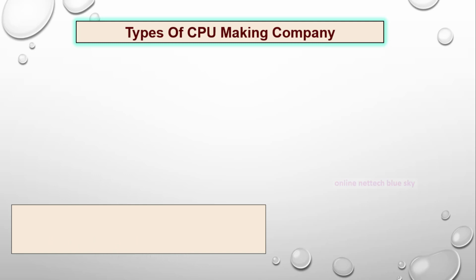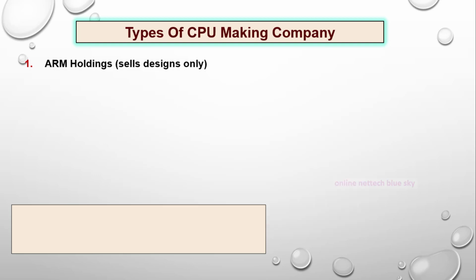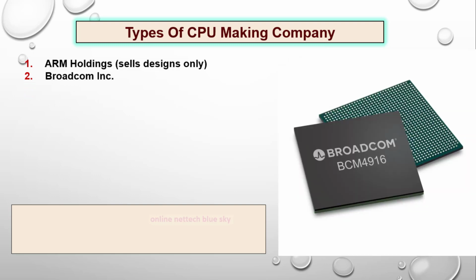But today I will discuss only the types of companies that make CPU components and systems. So what are the main companies that make CPUs, and how many types of companies are there? First, you can see ARM Holdings. This company only sells designs for different types of systems. Second is Broadcom, a company that creates CPUs.